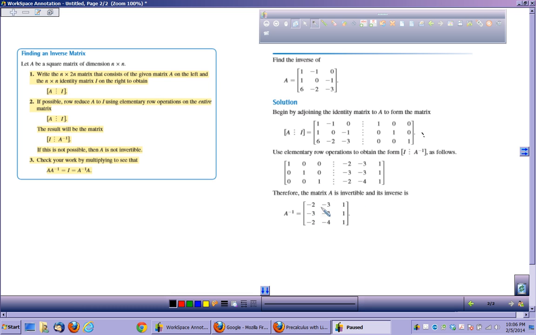So if I took this matrix and I multiplied it by the original matrix, which you could do with your calculator or using the techniques that we told you about the other day, okay? 6, -2, -3, I would get the identity matrix over here, and vice versa. If I took this and multiplied by this, I would also get the identity matrix. So I would get 1, 1, 1, 0, 0, 0, 0, 0, 0.